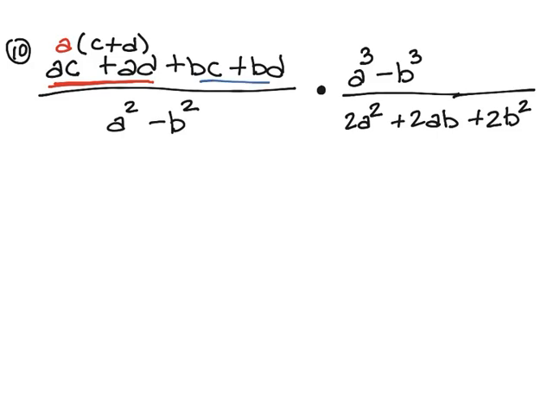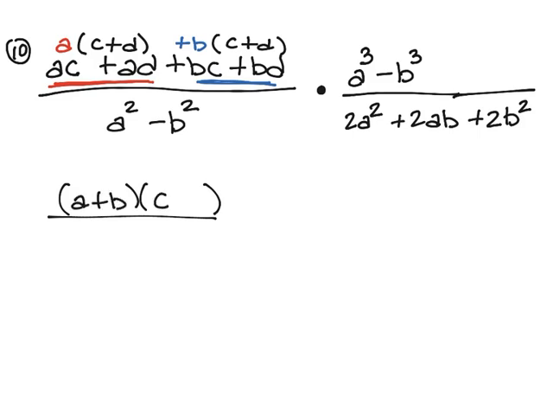And then off the second 2, you can take off a positive B, and what's left? C plus D. Good. So, I'm going to write it down here. That top gives you the 2 parentheses of A plus B and C plus D. And you know it doesn't matter which one you write. Y'all see that? That's how we do grouping. I just grouped it up there on the top of it.